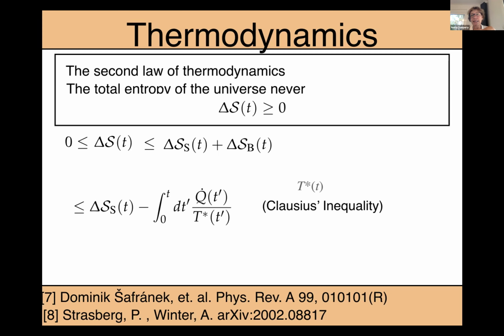So if at each instant of time we are able to associate to the bath a given equilibrium state, a non-equilibrium temperature, so we take the state of the bath and associate it as if it were a Gibbs state at a given equilibrium temperature T star, then we use this effective temperature, which is a non-equilibrium effective temperature because the bath is not in a Gibbs state. Then we write our Clausius inequality like that.